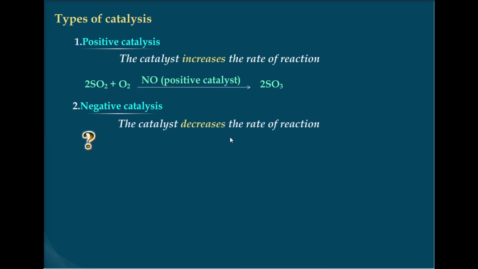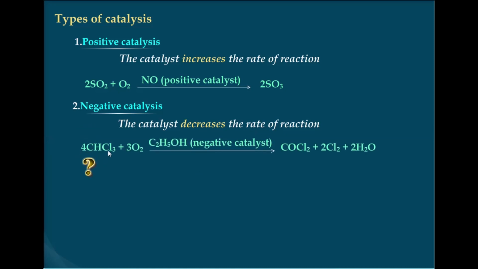Negative catalysis: from the word meaning itself, it is clear. The catalyst decreases the rate of a reaction. In this case, oxidation of chloroform, CHCl3, to form COCl2 plus chlorine plus water. Here ethanol acts as a negative catalyst.